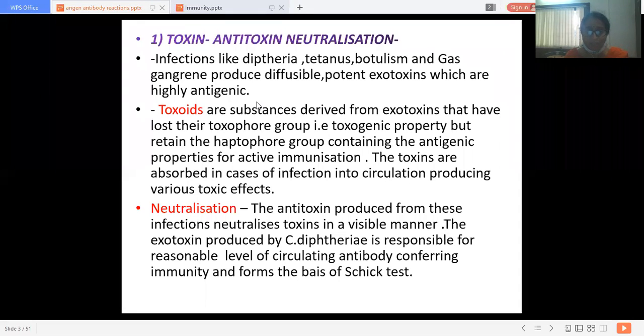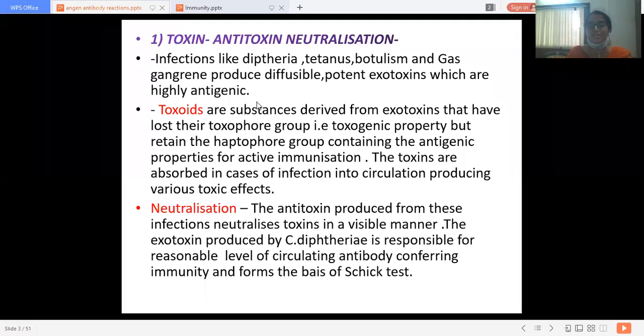It occurs in a visible manner. The exotoxin produced by Corynebacterium diphtheriae, with a reasonable level of circulating antibody conferring immunity, forms the basis of the Schick test.